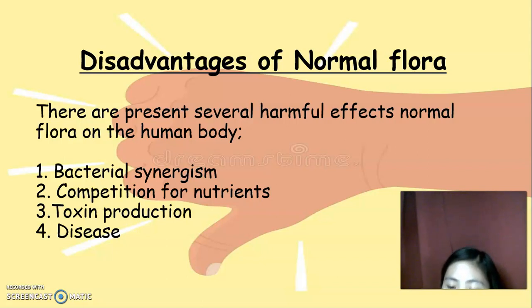In conclusion, the normal flora has limitations in the human body. They never harm the host body, but in some cases, if the host body's immune system becomes weak, then the normal flora can cause disease. That's all.